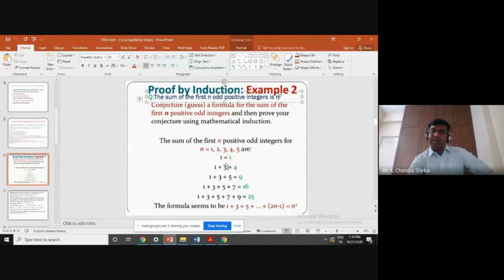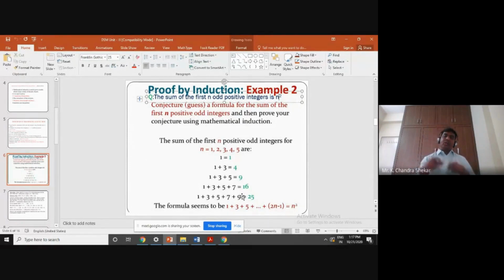For n equal to 1, it will be only 1, because I want n positive odd integers. If I take one positive integer, the sum will be a single element, 1. When I take two positive integers, it will be 1 and 3, because 2 is not an odd integer. Next, for 3 positive integers, 1, 3 and 5. For 4, 1, 3, 5, 7. For 5 positive odd integers, 1 plus 3 plus 5 plus 7 plus 9.